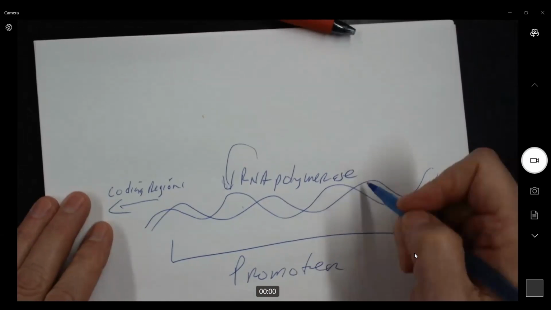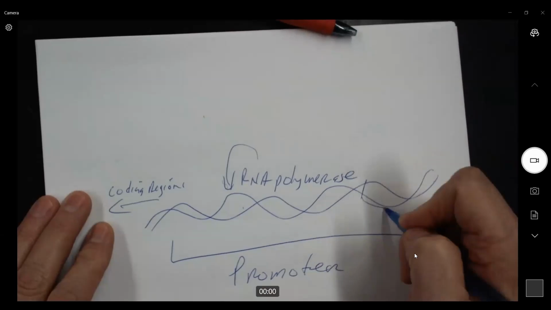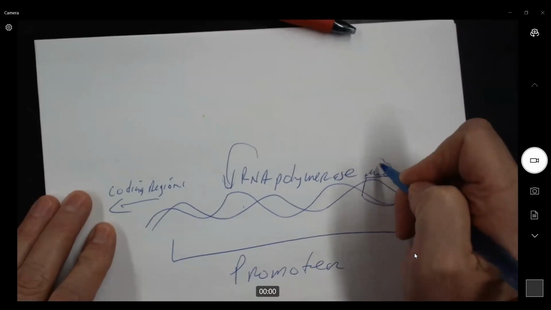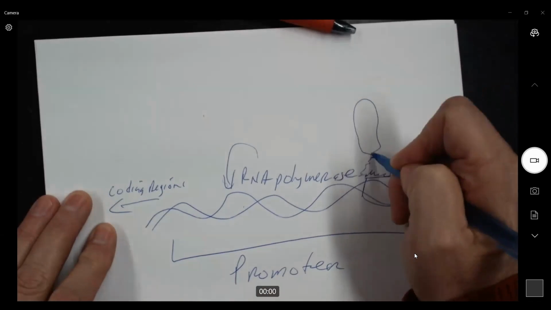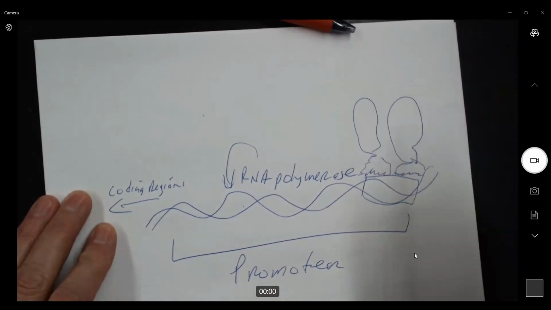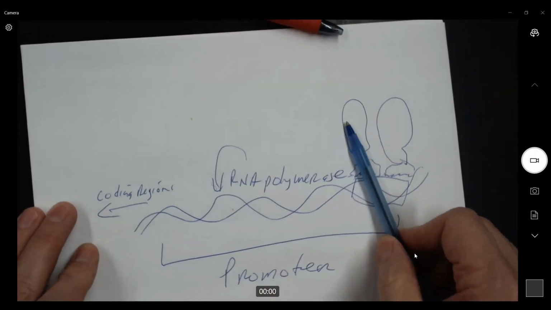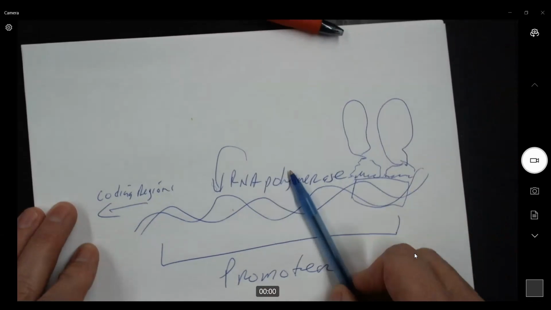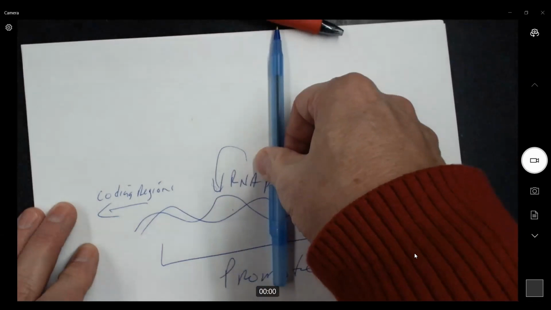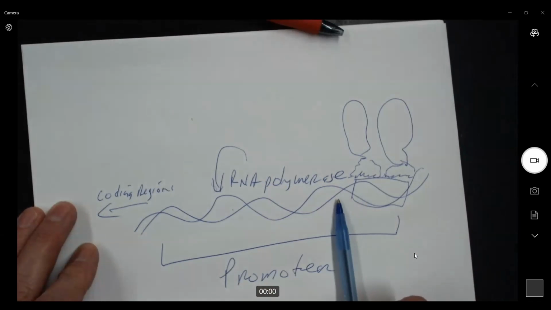Their help comes in the form of proteins that bind to DNA, and these proteins that bind DNA will provide protein-protein interactions with the RNA polymerase that stabilize its complexation on the promoter so that it can initiate transcription.